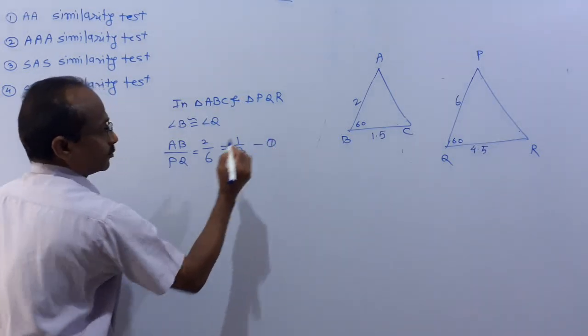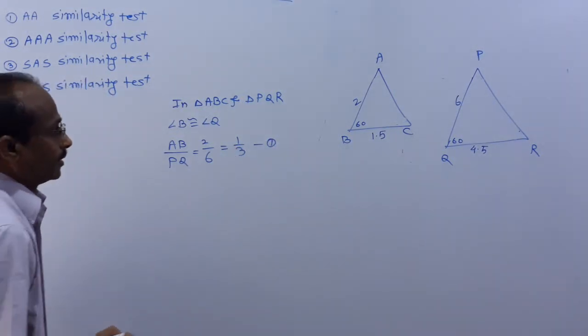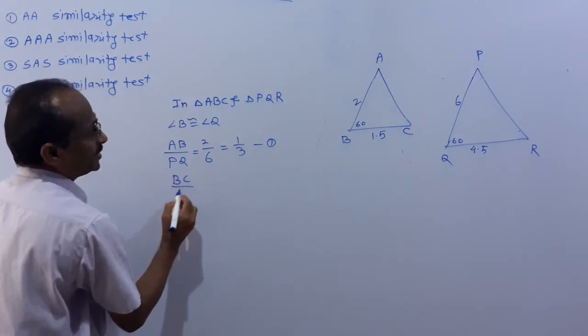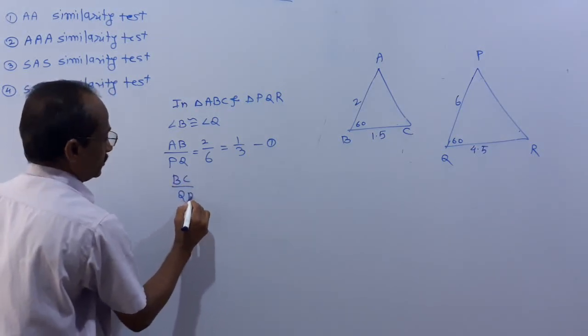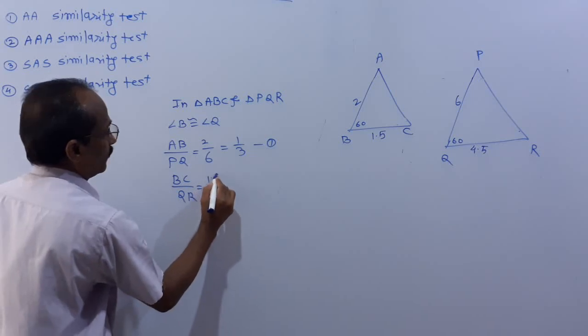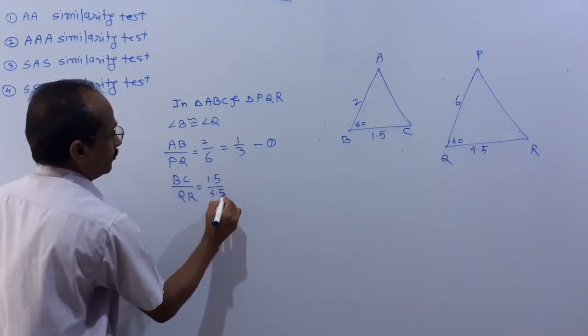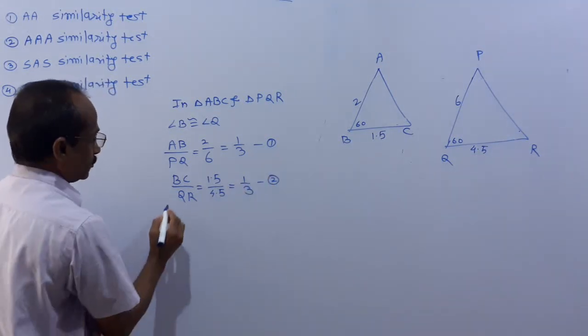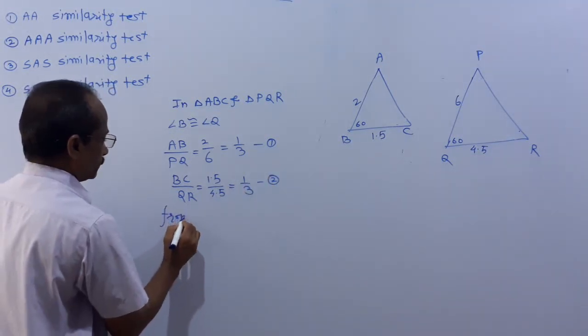This is our equation 1. For the second ratio, BC by QR equals 1.5 divided by 4.5, which again equals 1/3. This is number 2.